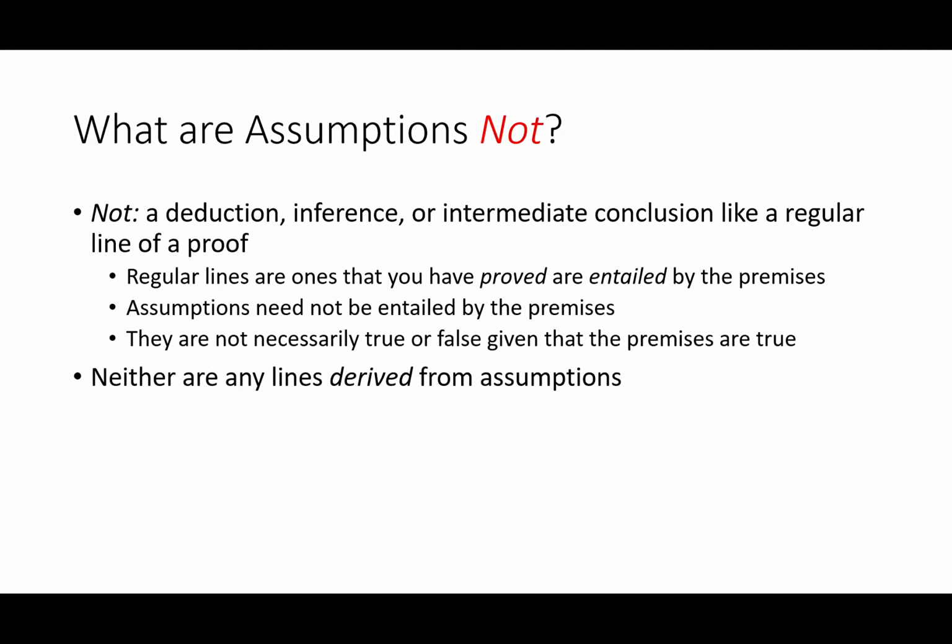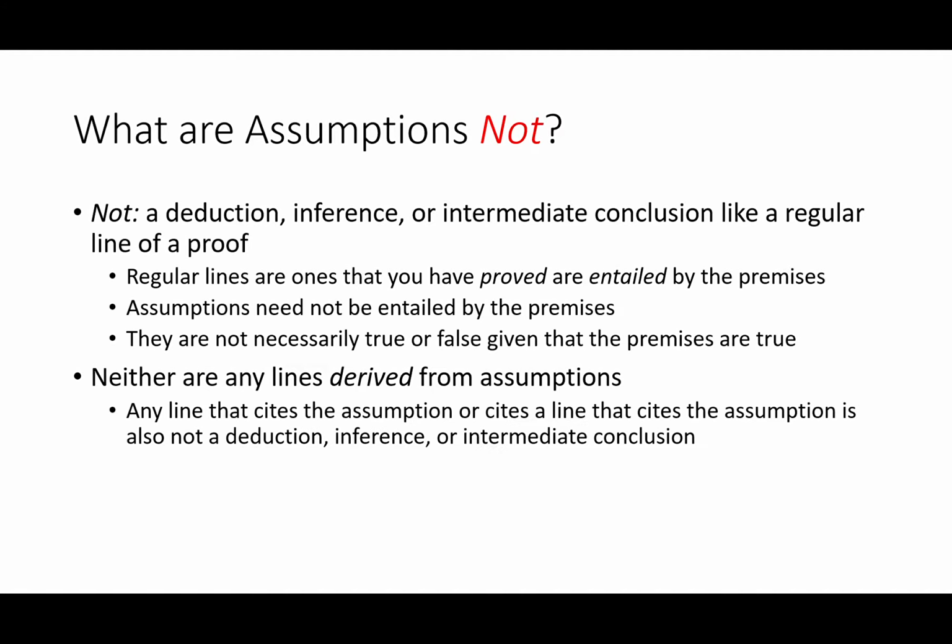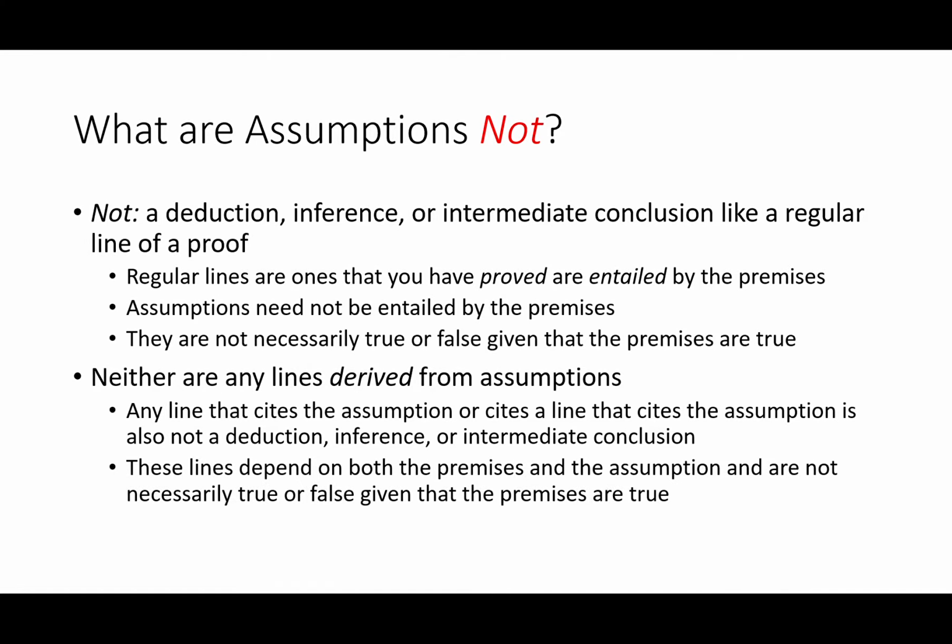Importantly, neither are any lines derived from assumptions. Any line that cites the assumption, or cites a line that cites the assumption, or cites a line that cites a line that cites the assumption, is also not a deduction, inference, or intermediate conclusion. These lines depend on both premises and the assumption. They're not necessarily true or false, given that the premises are true.